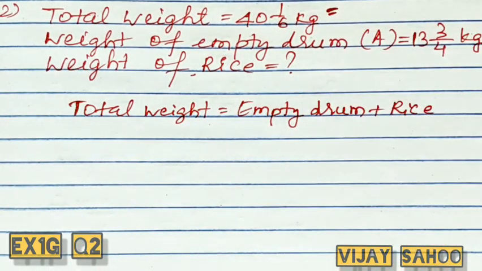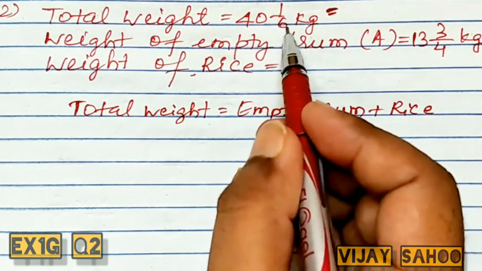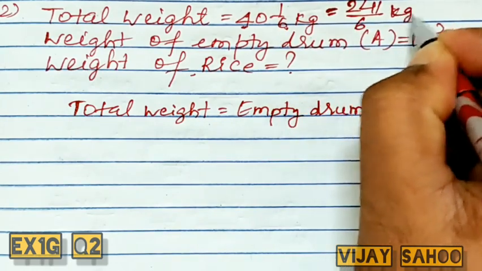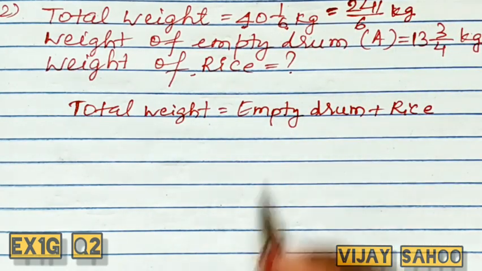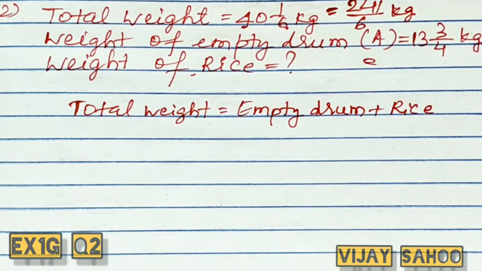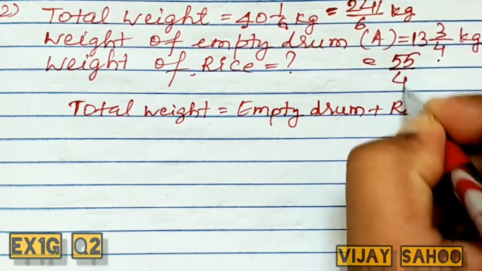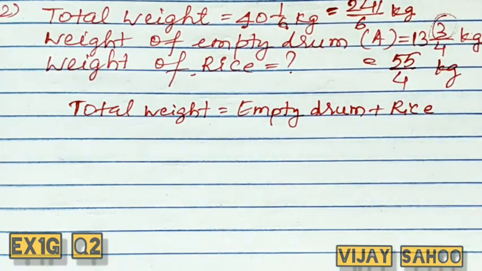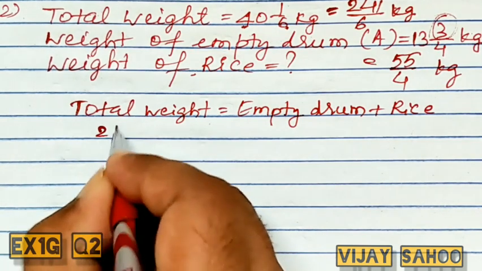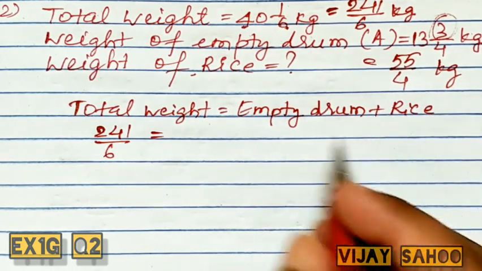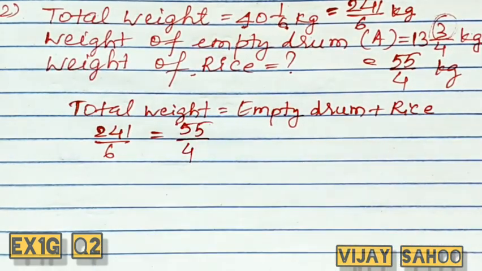If I convert it, 6 4s are 24, that is 240 plus 1, that is 241 by 6 kg. And 13 3 by 4: 13 4s are 52, and it will be 55 by 4. Why 55? Because 3 is added here. Okay, this is the conversion. So total weight is 241 upon 6 kg, and the empty drum weight is 55 by 4 kg.